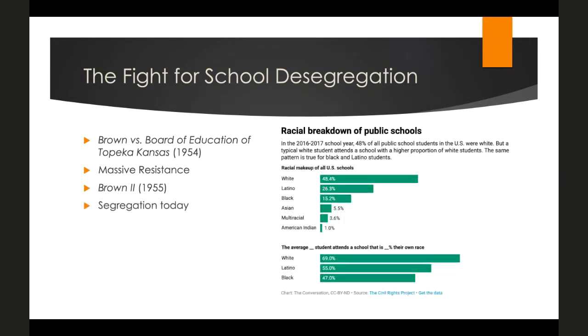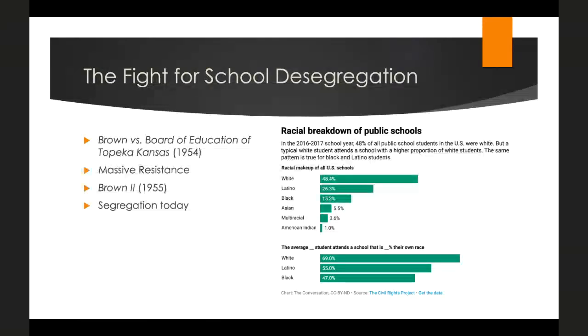Now, of course, despite the end of legalized school segregation, schools remain fairly segregated today. Part of it is a function of continued neighborhood segregation and the way that we fund and organize school districts.